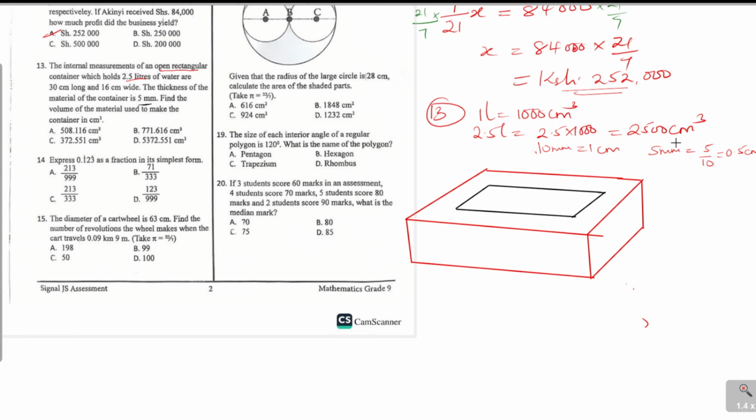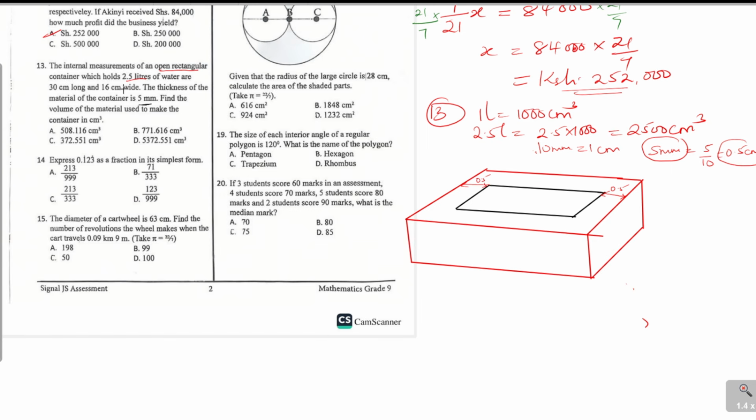So that thickness of 5 millimeters is the same as 0.5 centimeters. So that means this length here, this is 0.5. And then this one also here, let me draw this one properly. So this one here, this one is 0.5.